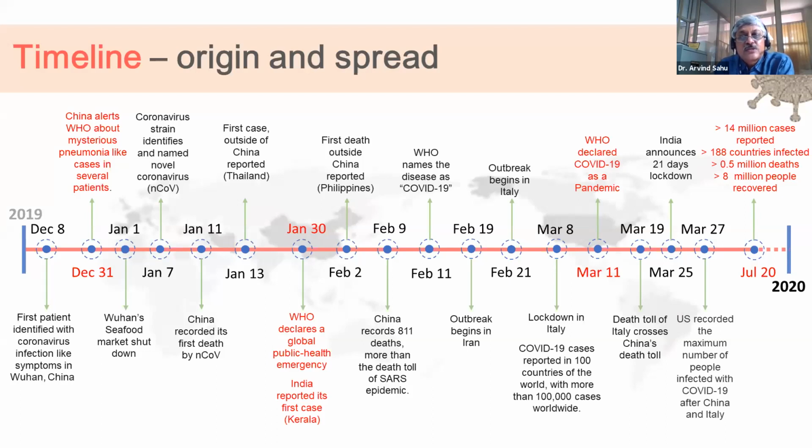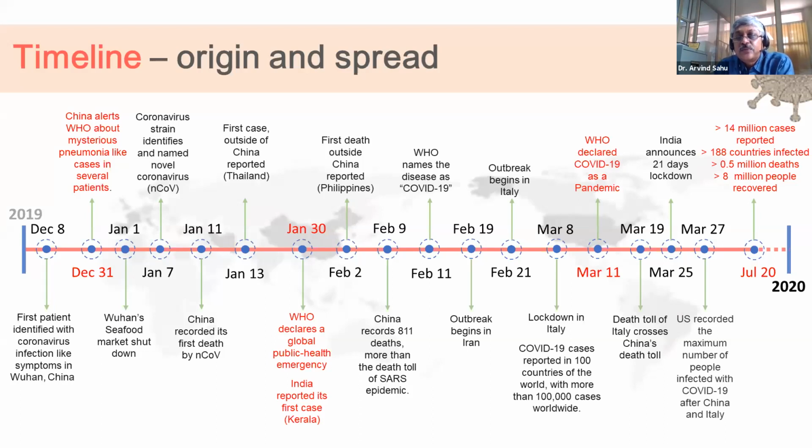After this kept being reported, WHO immediately declared this a global public health emergency on January 30th, and that's when we in India also got the first case, in Kerala. Then it started moving into different countries. It was reported in almost 100 countries with over 100,000 cases, and on March 11th WHO declared it a pandemic.